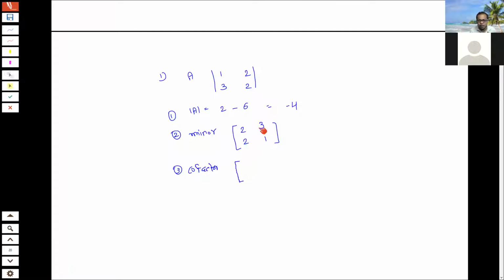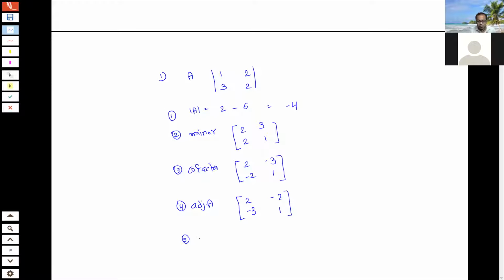So I will change the signs of these two positions. So -3, -2, and 1. And then what can I find? I can find adjoint. So 2, -2 column will become row. -3, 1 second column will become second row.